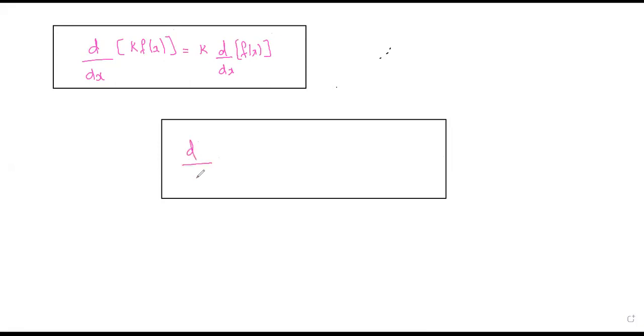And similarly, let's say you have been asked to differentiate a sum or a difference where you have two functions of x. So that would be this. Okay, now I'll give you some examples and that would help you with the understanding.